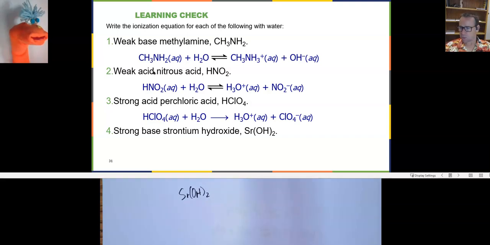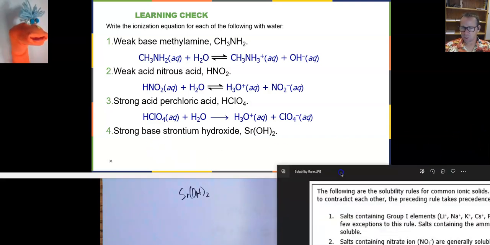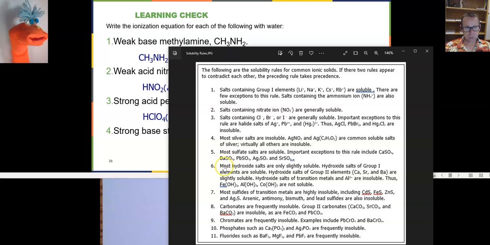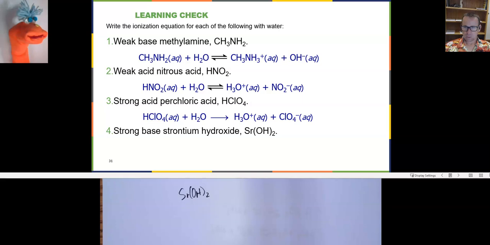It told us it was a strong base, but we also could have used our solubility rules and looked at the hydroxides. Most hydroxide salts are soluble. Hydroxide salts of group 2 elements, calcium, strontium, and barium, are slightly soluble. So they result in a strong base.